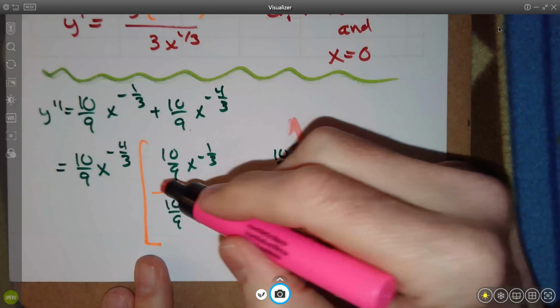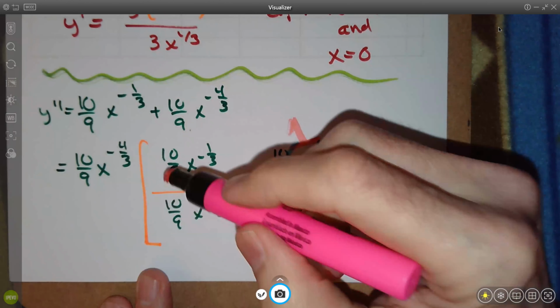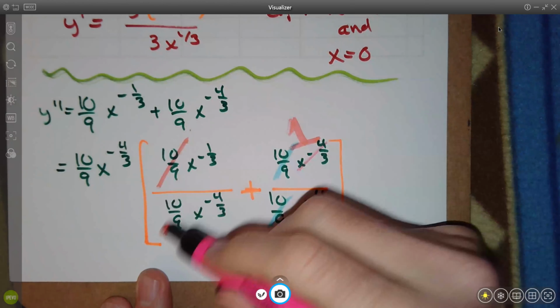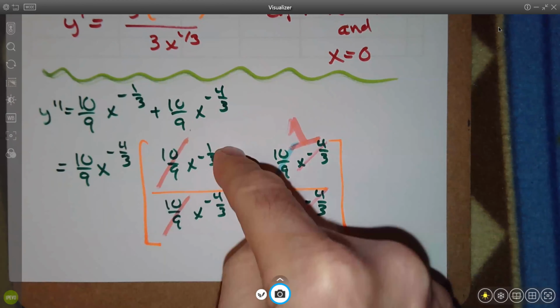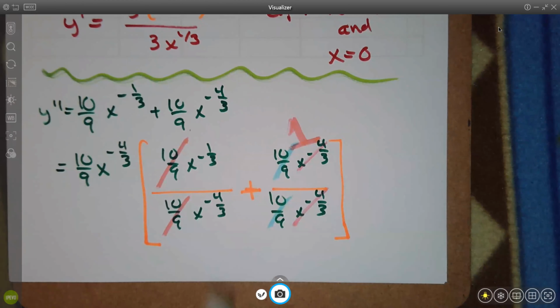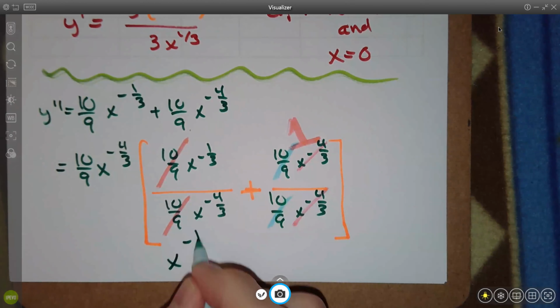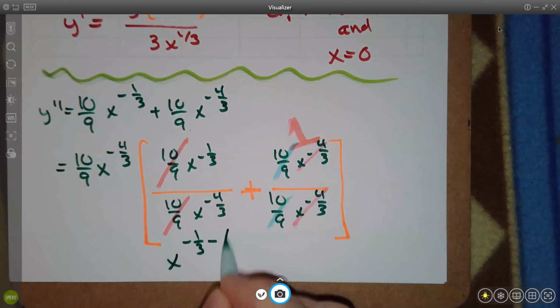Thanks, Matt. Now on the left term, the 10/9 cancel, but here you've got to divide this by this. And when that happens, you subtract exponents. So -1/3 minus -4/3.